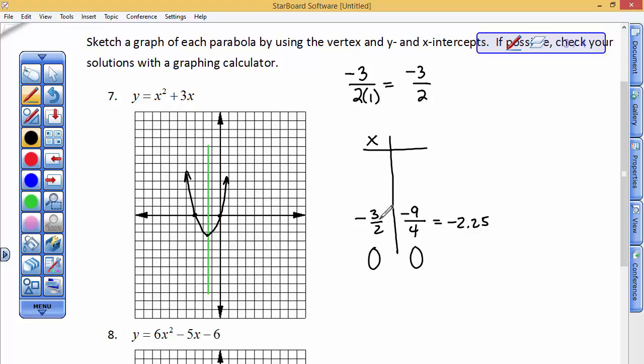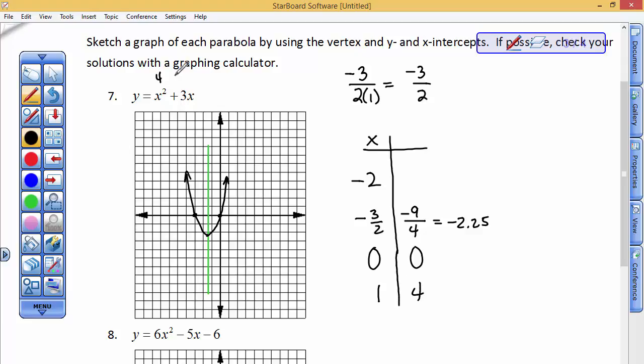You're welcome to find some other ordered pairs. If this is -3 1/2, you could go something like x is 1 and x is -2. I think those would both be the same distance away. So x is 1 and x is -2. Those wouldn't be too bad. 1 squared is 1, plus 3 times 1 is 3, so 1 plus 3 is 4.